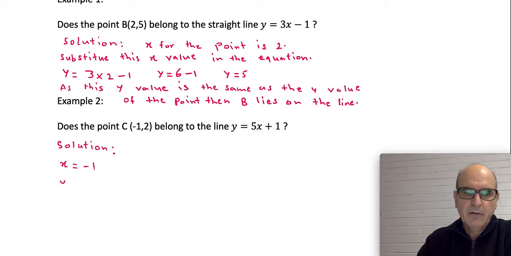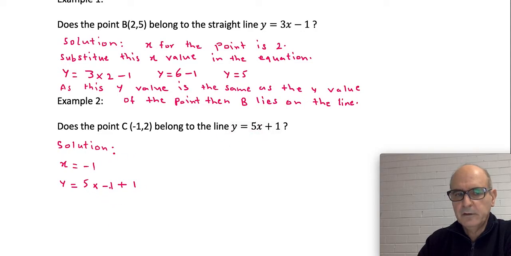So y equals 5x, which means 5 times x, and x is minus 1. So 5 times minus 1, then plus 1, the rest of the equation. All I did here was write this equation with its x value, which is minus 1, replacing the x.